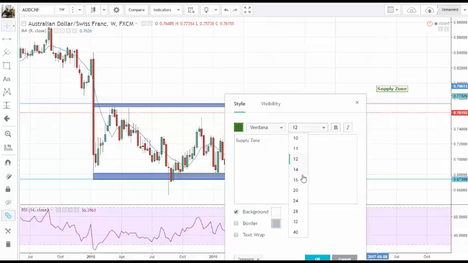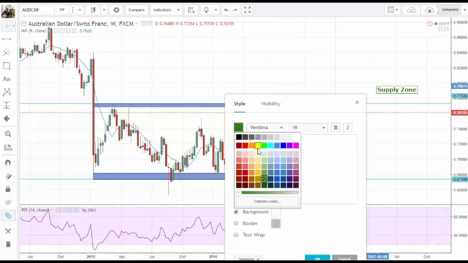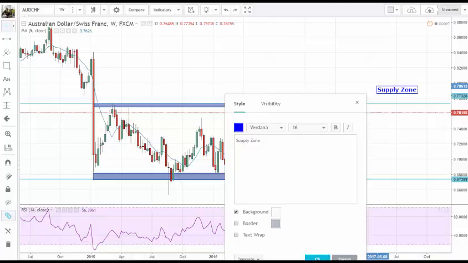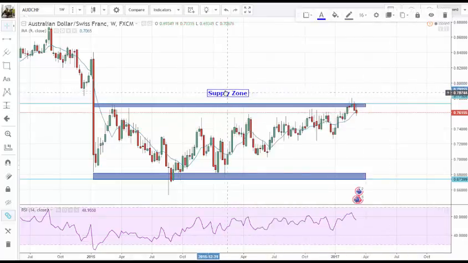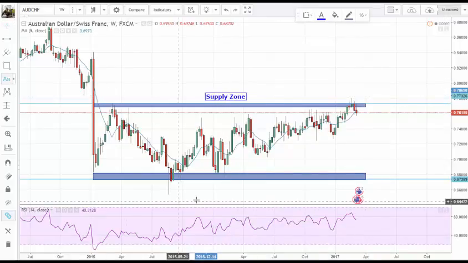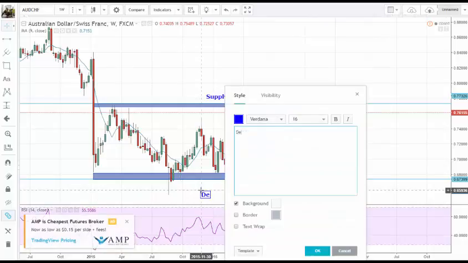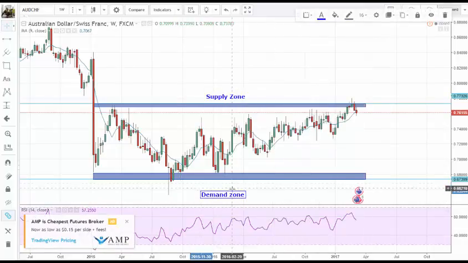Let's make it a little bit smaller. You catch my drift. Okay, let's make that blue for now. Okay, so we are in a supply zone right now, and a demand zone down here. Demand zone. Okay, well, I hope that's clear.